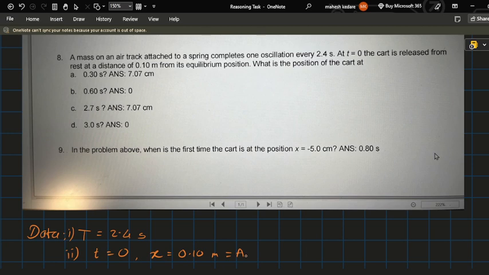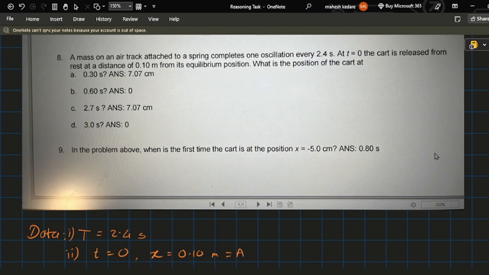Because there is no friction, the mass will pass through the equilibrium position and start moving in the opposite direction. And it will come to a halt on the opposite side exactly at the same distance A, because there is no friction.